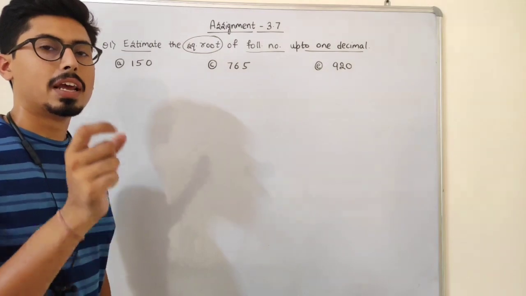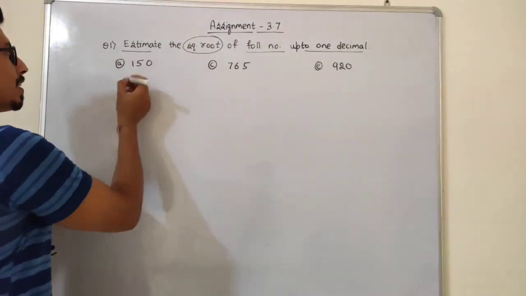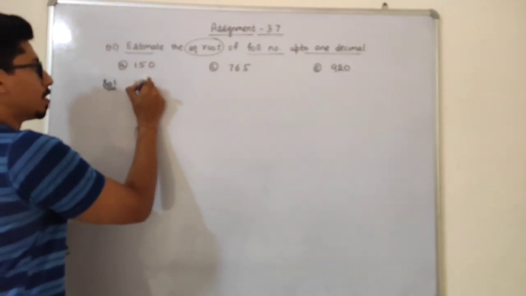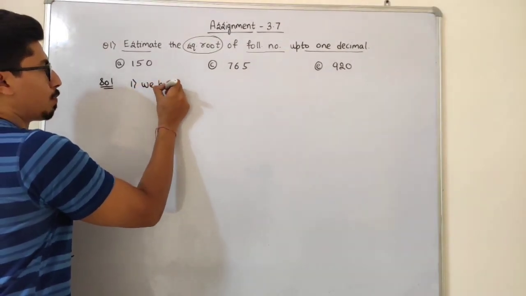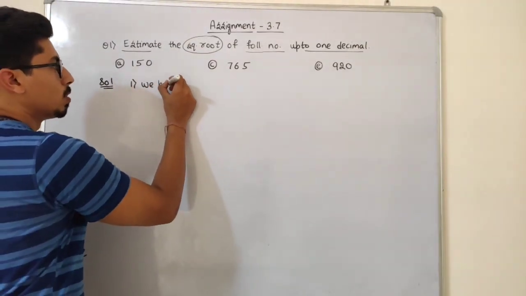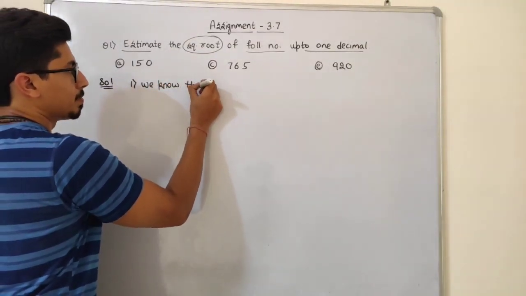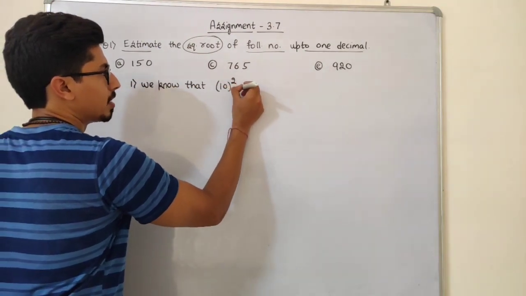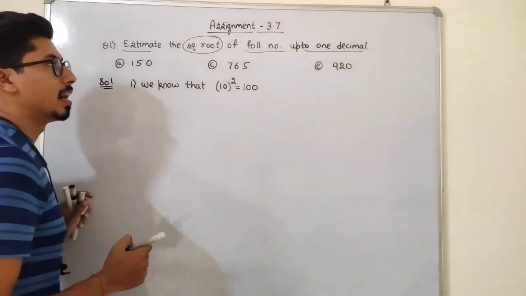For the first part, we know that 10 squared is 100.